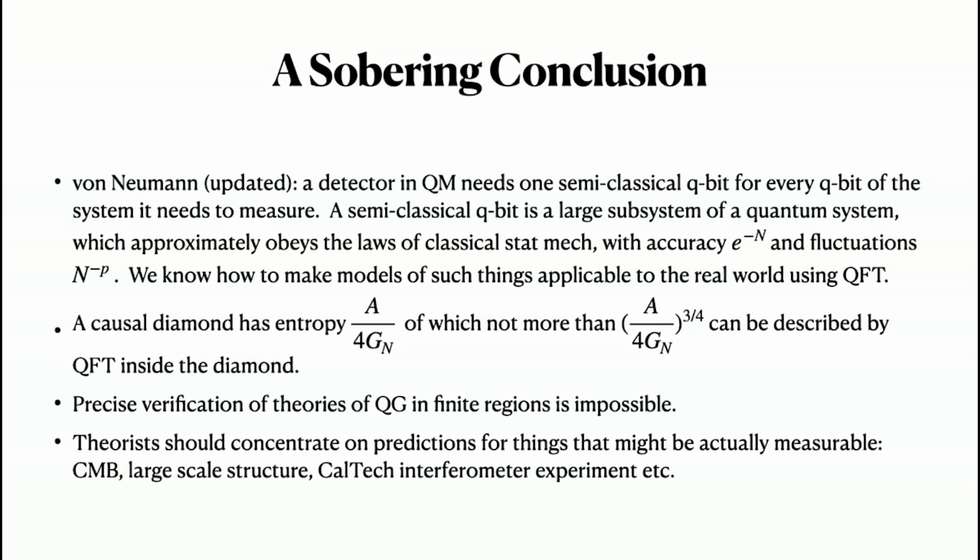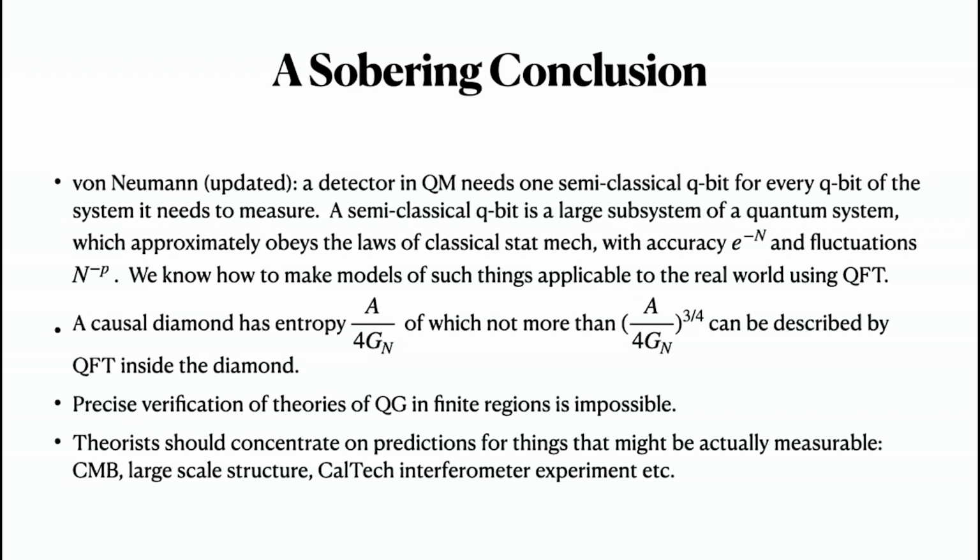A semi-classical qubit is a subsystem of your detector that has a lot of quantum states such that its fluctuations are very small and its histories decohere.